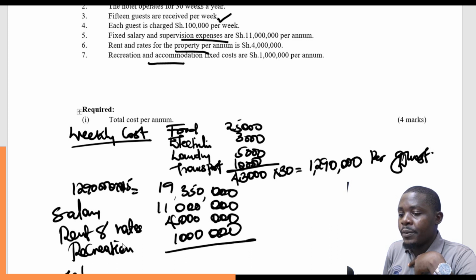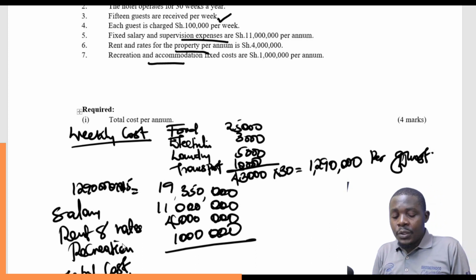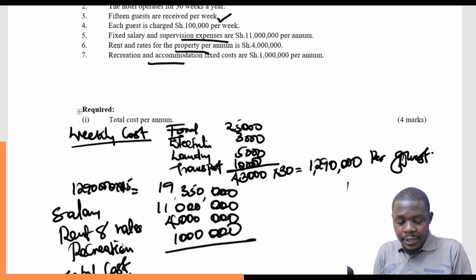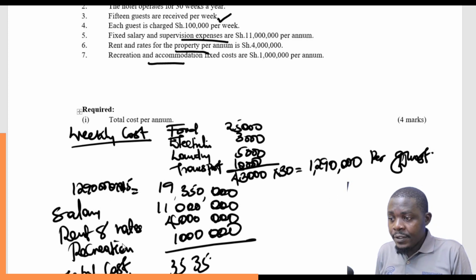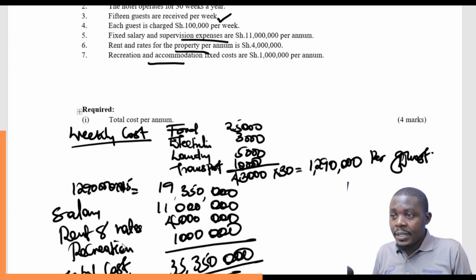Total cost incurred: 19,350 plus 11,000 plus 4,000 plus 1,000, taking out the zeros to make it easy. We have 35,350,000. That is the total cost incurred per annum.